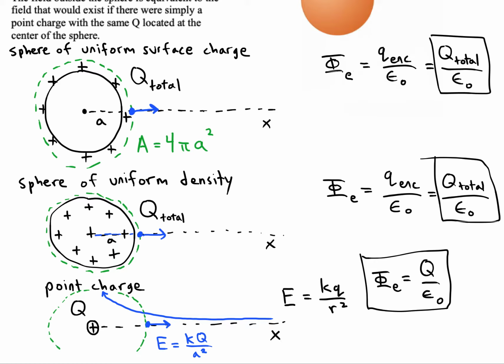But what if we want to find the field farther out? Let's say at this point here. Is the field going to be the same for all these cases? Let's find out by creating a new Gaussian sphere. A Gaussian sphere is just an imaginary boundary of a surface through which field flows.